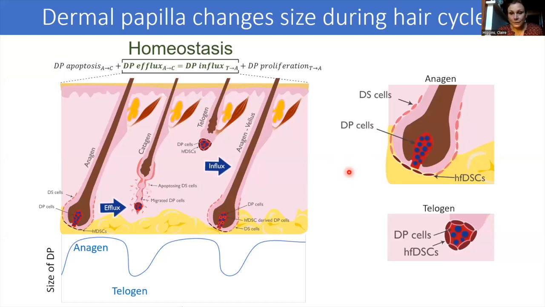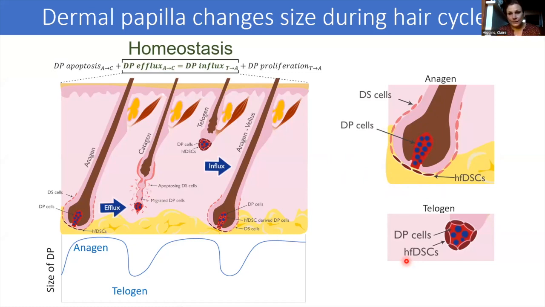Firstly, when the hair follicle is in anagen, we have this flame-shaped dermal papilla, and the dermal sheath wraps around the outside of the hair follicle, as you can see here. In scalp follicles, the papilla consists of around 1,200 cells. In telogen, in comparison, the papilla is a spherical shape.